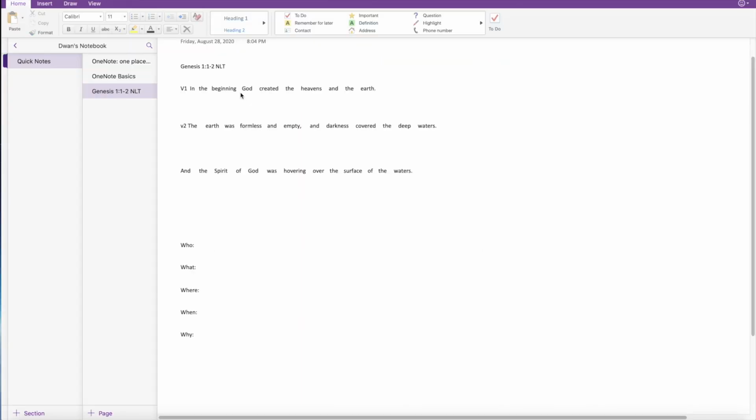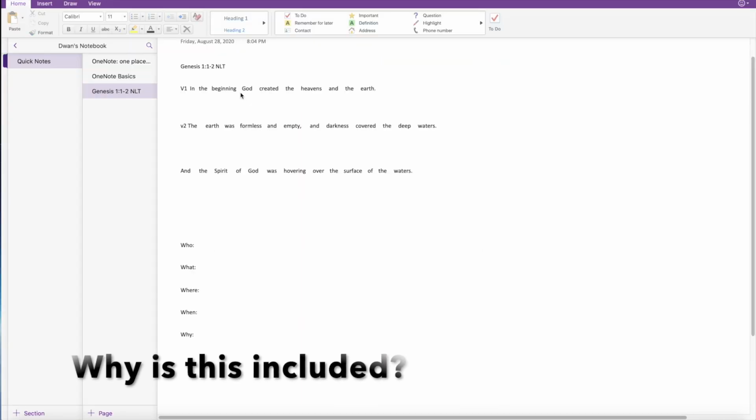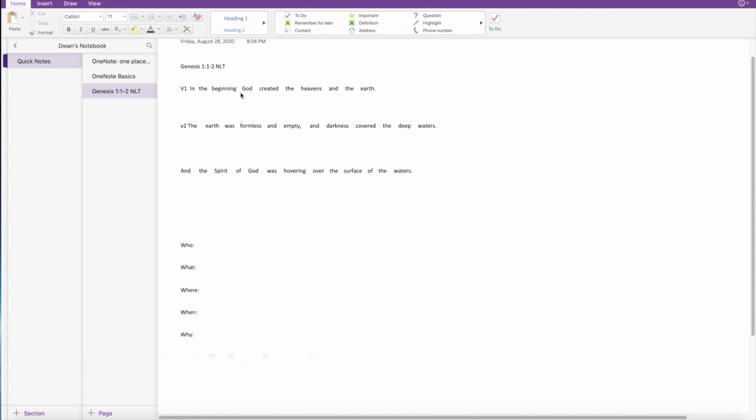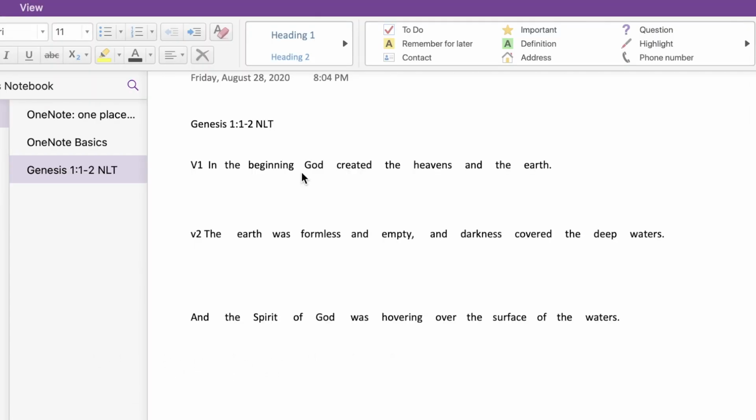And then our last W question is why. It says, why is this included, or why would God choose to include this in His Word? So this gives us a little bit of observation of why God included these verses in the first part of Genesis. So you could piggyback off of what's happening in this text.